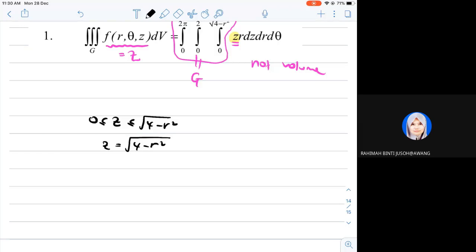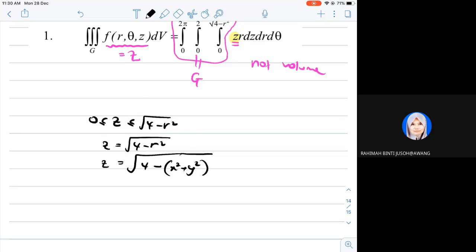We want to know what equation this is, what shape. You have to change into rectangular equations, meaning x and y. So now, square root of 4 minus r squared becomes square root of 4 minus x squared plus y squared.